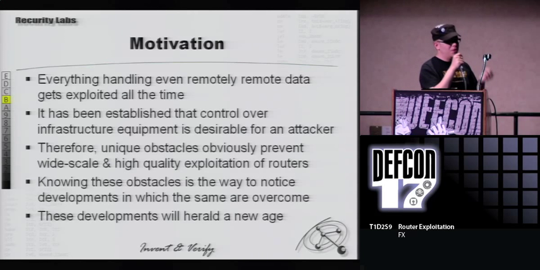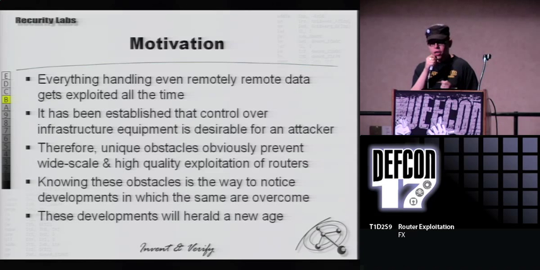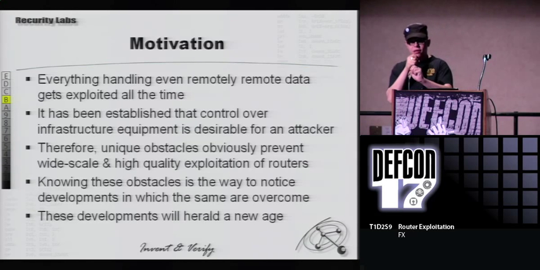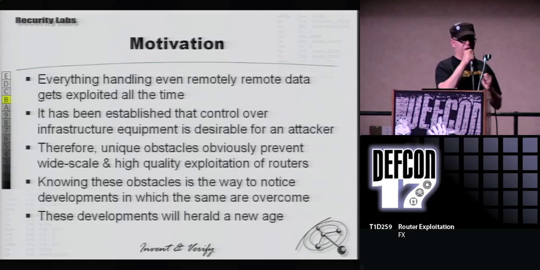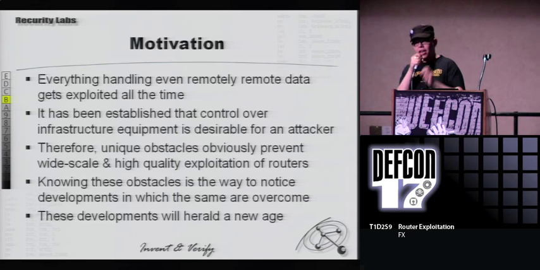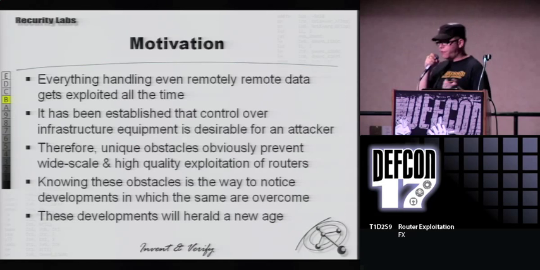Therefore, there must be something unique about, especially Cisco, that makes it really, really hard. If we figure out what that unique stuff is, then we can tell what needs to happen in this world so we actually see Cisco worms. And that allows us to react before it actually happens. So that is essentially where I came from.